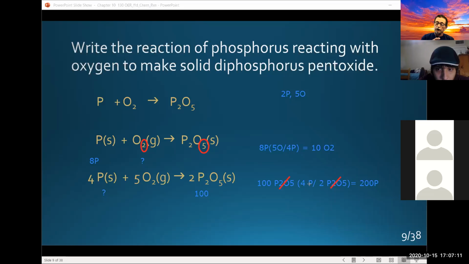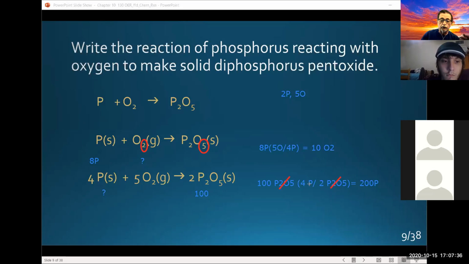The only difference now is we have new conversion factors that happen to be the ratios from the balanced chemical equation. So it's quite crucial that you balance it correctly, otherwise your numbers will be incorrect. If it was balanced 4-to-1, then we would think that you would need 400 P, but it's not, because the ratio is a 4-to-2 ratio.